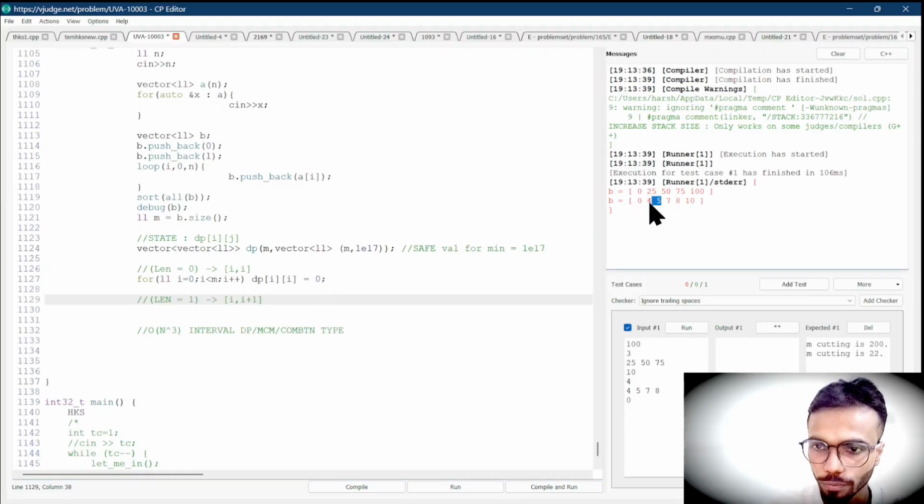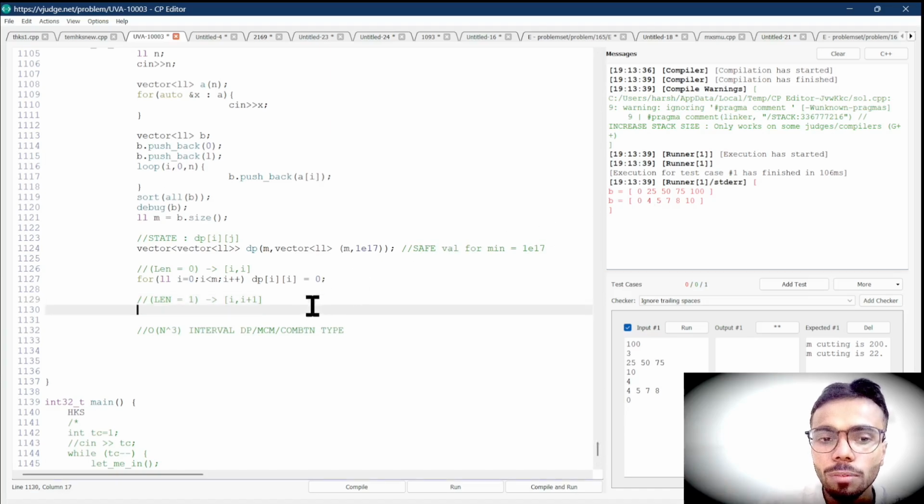Look at this. Can I perform a cut in the middle of it? No, there's not a single coordinate that can be resolved. I cannot perform the cut at 4 and a half. Since I cannot have a segment of length lesser than 1, the cost to perform a cut for a length 1 segment should be 0. That's why I'll iterate over m minus 1. Whatever the segment is of size 1, cost to perform cut will be 0.